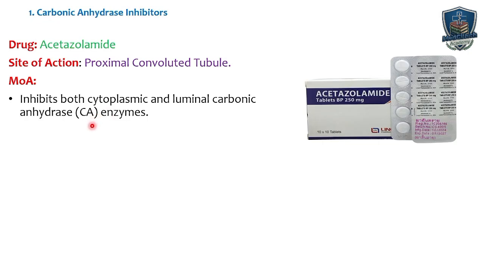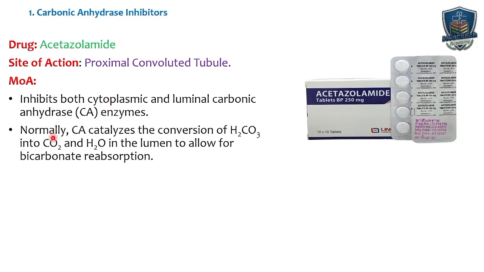If you inhibit this enzyme, it means you will be preventing the bicarbonate reabsorption. So that's something that you have to note. By inhibiting this enzyme, you are inhibiting bicarbonate reabsorption. Normally, carbonic anhydrase catalyzes the conversion of carbonic acid into CO2 and H2O in the lumen to allow for bicarbonate reabsorption.